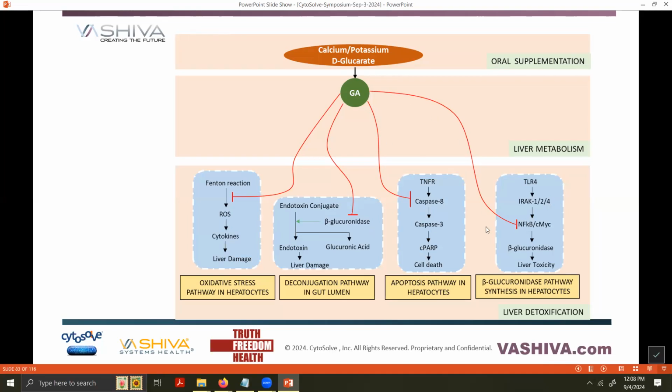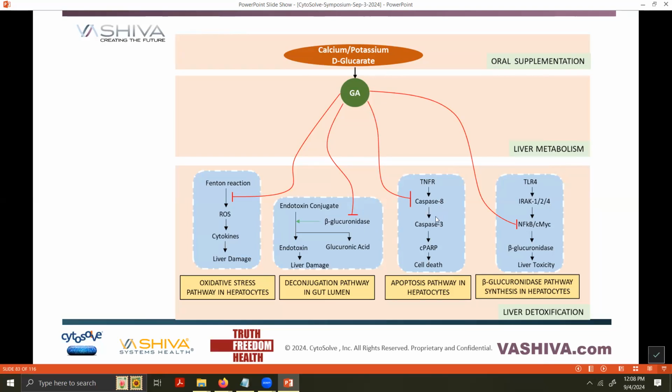And in the glucuronidase synthesis pathway, it inhibits NF-kappa B, downstream of which is the production of beta-glucuronidase enzyme. So we need to downregulate that to better our liver health. So one molecule, 4 different pathways, 4 different targets that were identified using the CytoSolve innovation process.